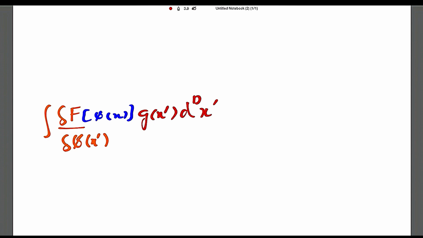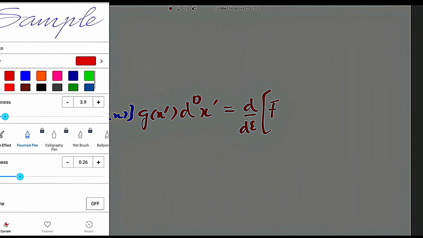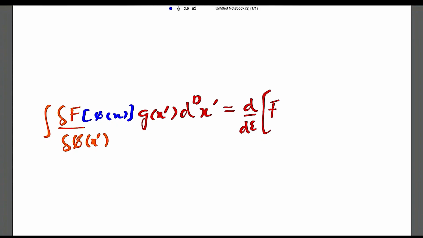So that is equal to, this is the integral form, and that is equal to its differential form, which is d by d epsilon. Epsilon is any small perturbation that we have introduced. It's the parameter of perturbation. We have already seen these things before, so I recommend you all watch that video.